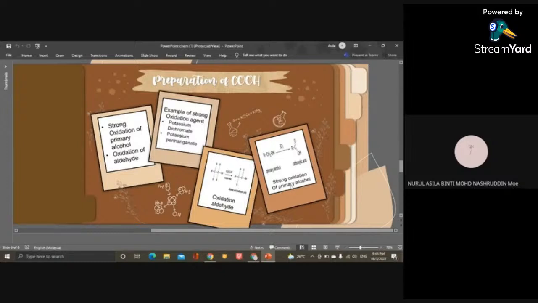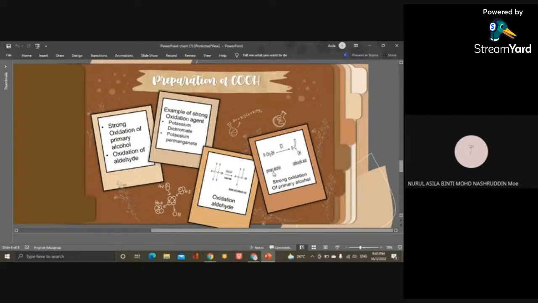Look at the strong oxidation of primary alcohol example. As you can see, the carbon holding the OH is only a primary carbon. Therefore, this primary alcohol will undergo strong oxidation using potassium permanganate in acidified condition with heat.